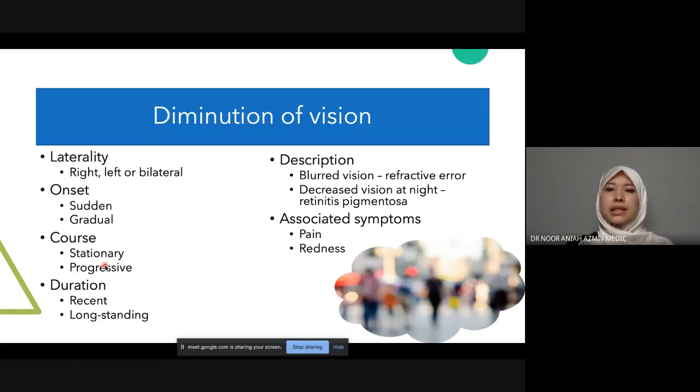Some of them might have decreased vision only at night for a condition like retinitis pigmentosa. Or in Malay, we call it rabun ayam, which is at night, they will not be able to see. Okay? And then we also have to ask about the associated symptoms, which are pain and also redness. So remember, I said that the three symptoms that are alarming to us are reduced vision, pain, and also redness.